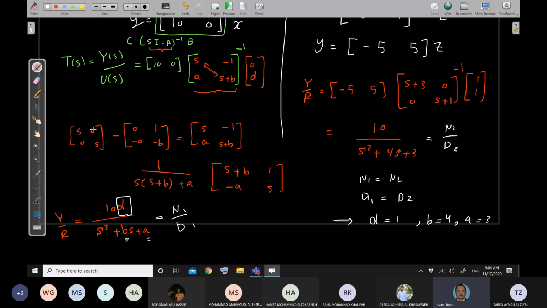Okay. Now let's discuss another example here. Let's assume I'm giving you the following signal flow graph. And this is the input U, the 1.